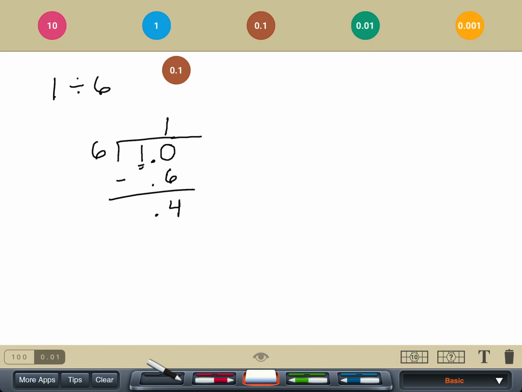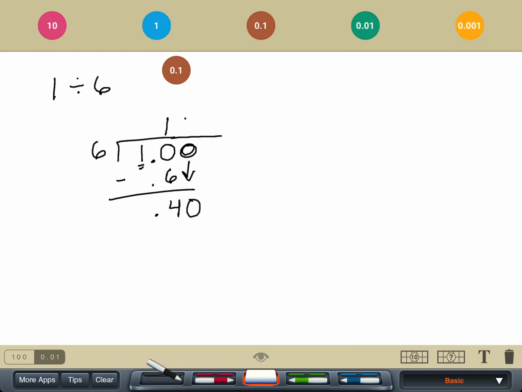We would have 4 tenths left, which means that we need to add a 0, and we need to think of 4 tenths as 40 hundredths. So you can think, what do you know about your multiples of 6 that's going to get you close to 40? You know that 6 times 5 is 30, 6 times 6 is 36, 6 times 7 is 42.